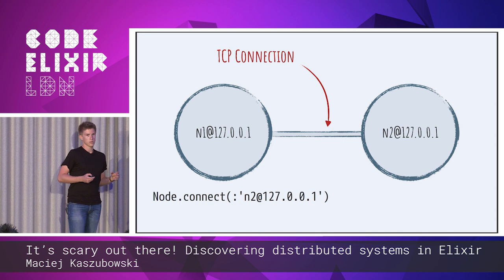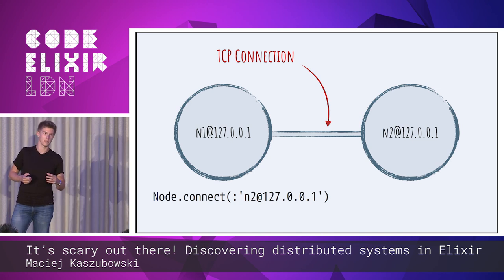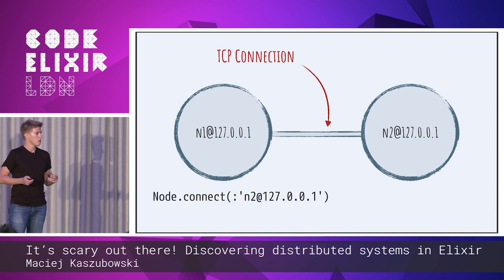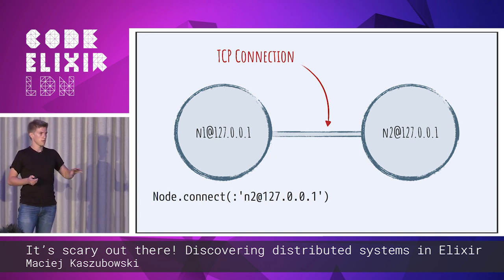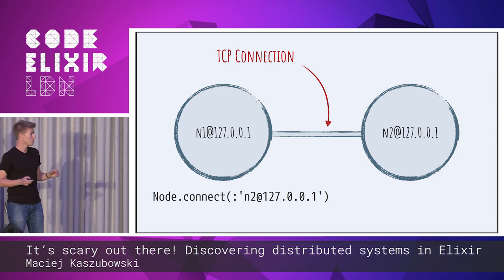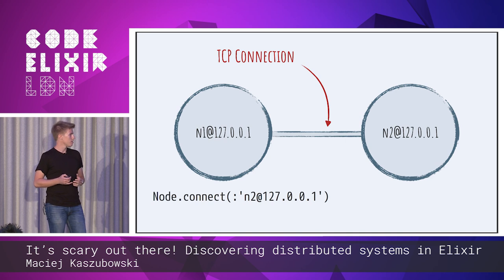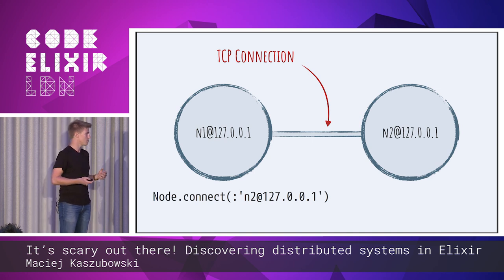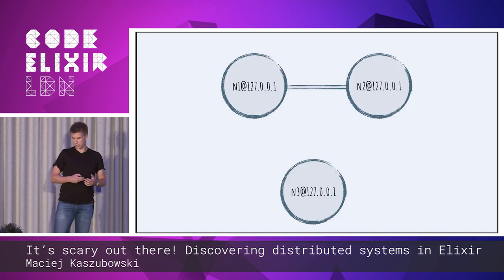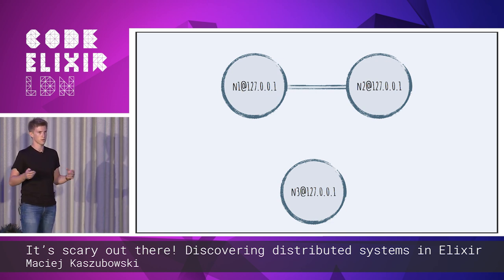So when you start an Erlang cluster, the nodes will take care of sending special heartbeat messages in order to let the other nodes know that they are alive. So this is all done through this single TCP connection. And the nice thing about Erlang and about distribution is the fact that Erlang clusters form a fully connected mesh.